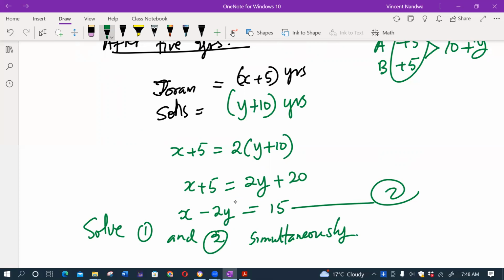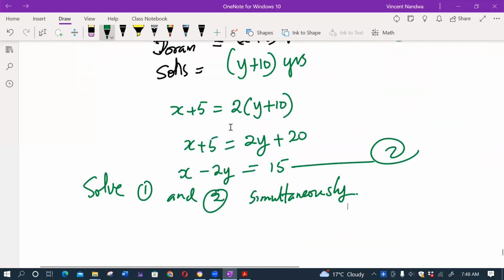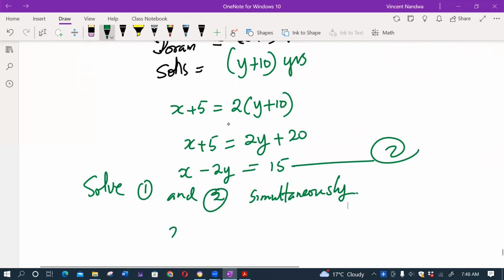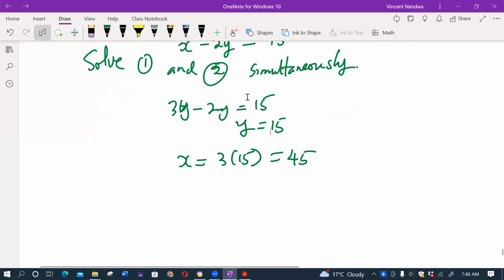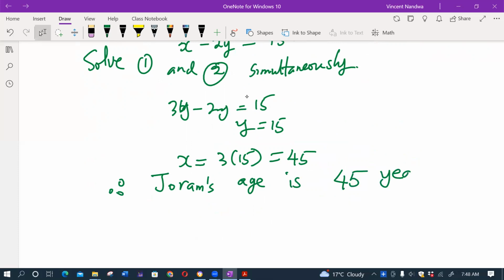In fact, equation 1 is X equals 3Y. So where there's X, I put 3Y, so I'll have 3Y minus 2Y equals 15. So Y is 15, and then X will be 3 times 15, which is 45. Therefore, Joram's age is 45 years.